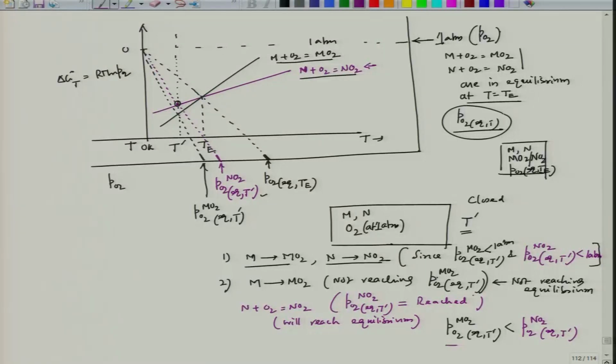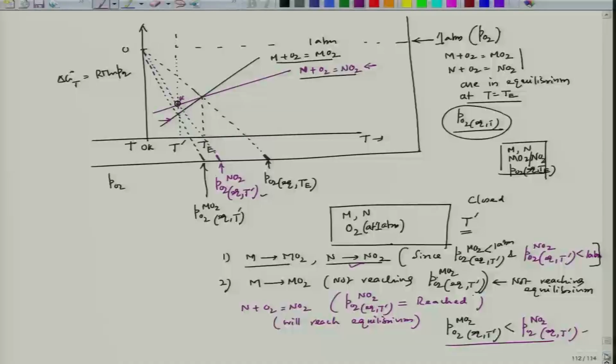Because of this situation, since this partial pressure for MO2 formation is less than this, which are in equilibrium at T prime, that is what this particular reaction will reach equilibrium, because the oxygen partial pressure is gradually decreasing and finally it will reach here and it will reach equilibrium. But since this particular reaction needs further oxidation and needs further reduction in oxygen partial pressure.